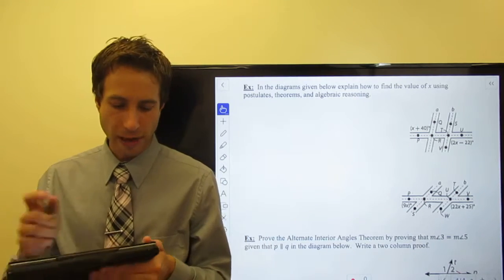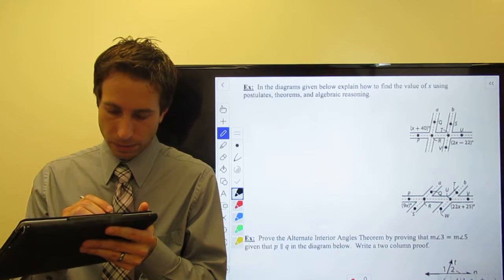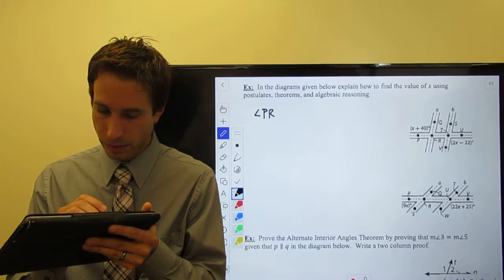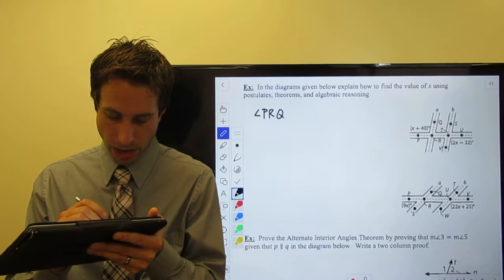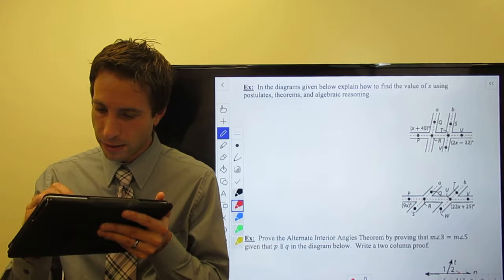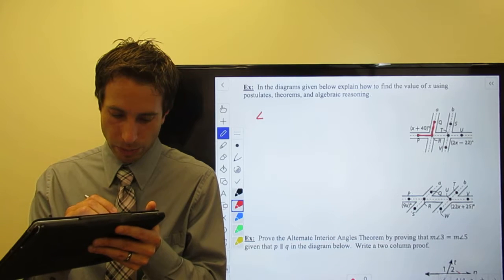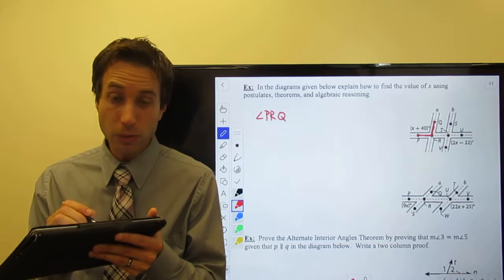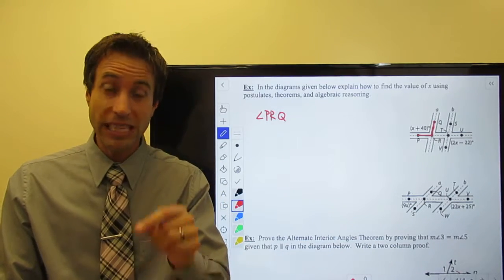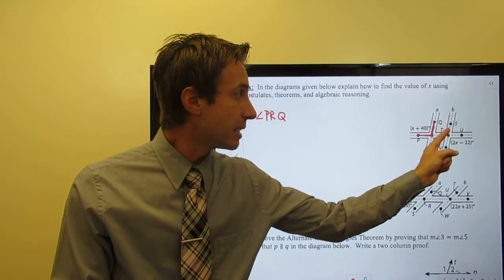Well, check this out. Here's what I've got. Angle PRQ, that angle in red, is congruent, is equal to the angle RTS.